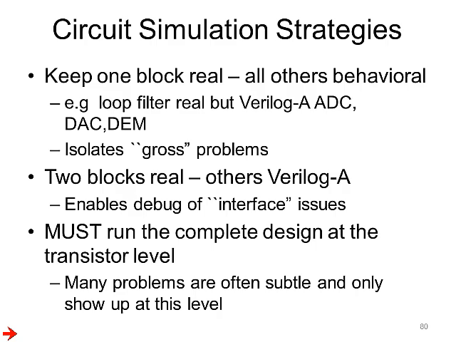Then I would typically make 2 blocks real, and this will make interface issues come out if there are any. And as I said, you must always run the complete design at the transistor level, because many problems are often subtle and only show up at this level.